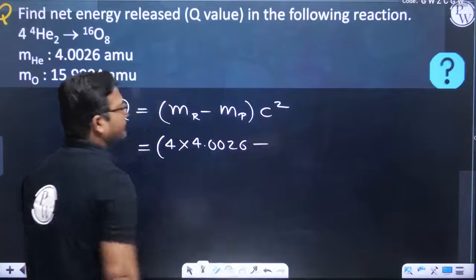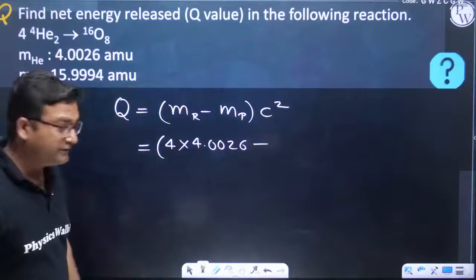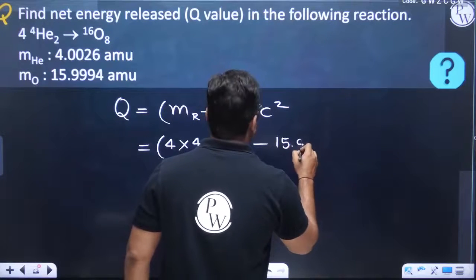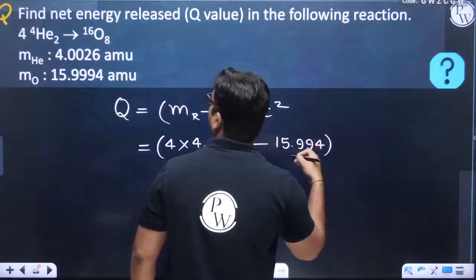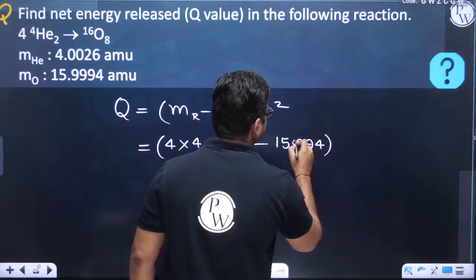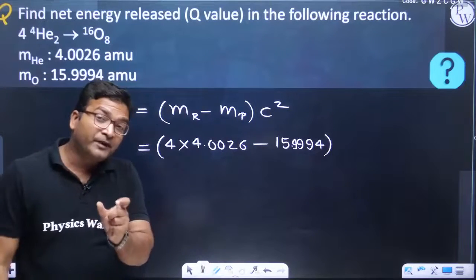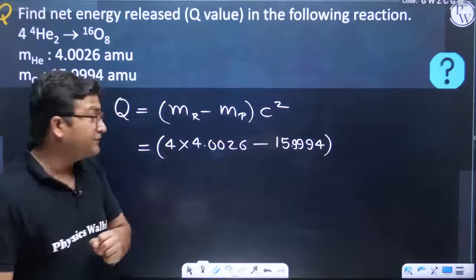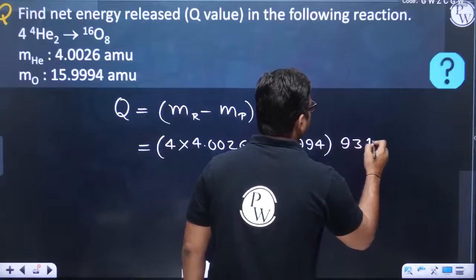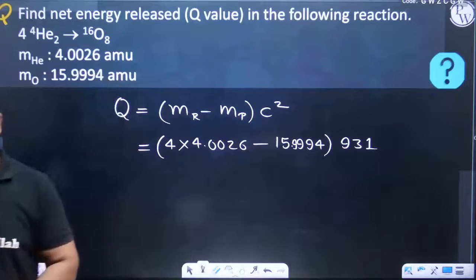4.0026 minus mass of product. So the product is 1 particle of oxygen and the mass is 15.994. Yes, and c square, as the mass is expressed in atomic mass units, c square would be 931 million electron volt per atomic mass unit.